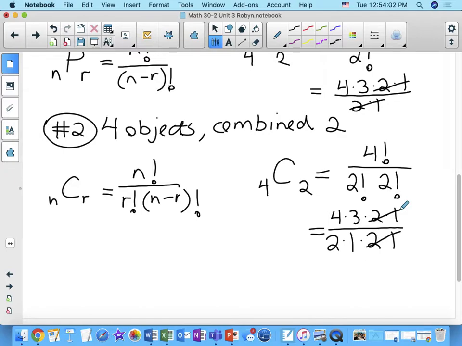If we're looking at the group of 2 people, and it's a group, order doesn't matter. So what I have to do to make it into a group is take the number of ways that I could arrange it if it was a permutation, which is 4 times 3, and divide out the number of ways that I could arrange the 2 people, the 2 times 1.